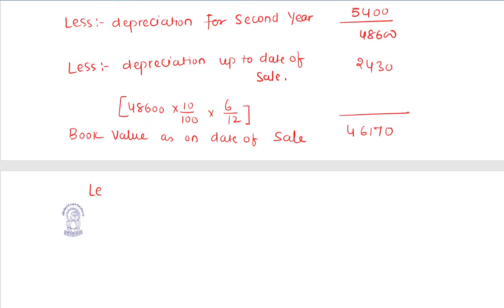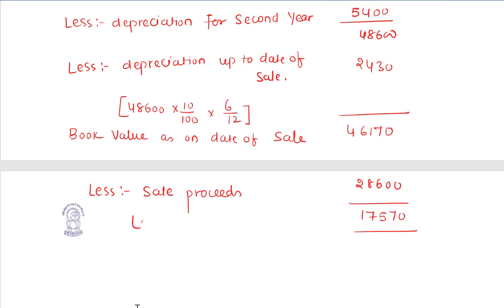Now we need to subtract sale proceeds, 28,600. Loss of 17,570, loss on sale.